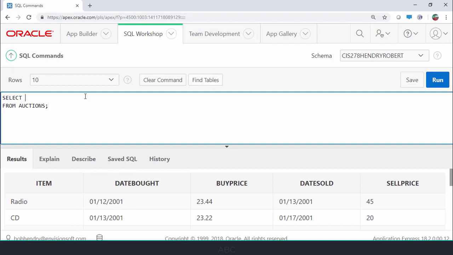We can say select sum of the buy price, and then also the sum of the sell price. I'll give you a second to get that typed in, and then we're going to run this and solve it one column at a time.